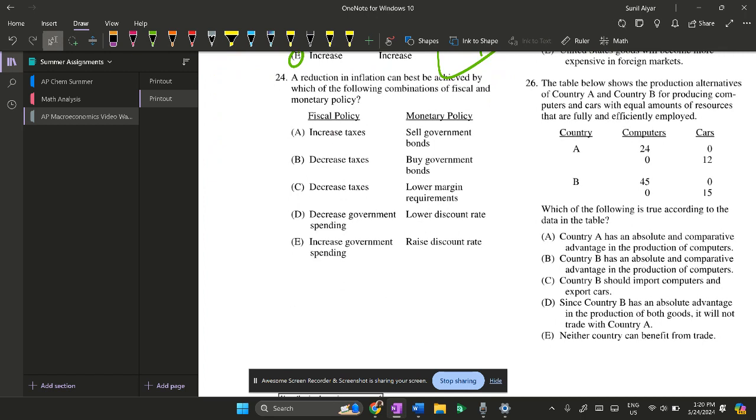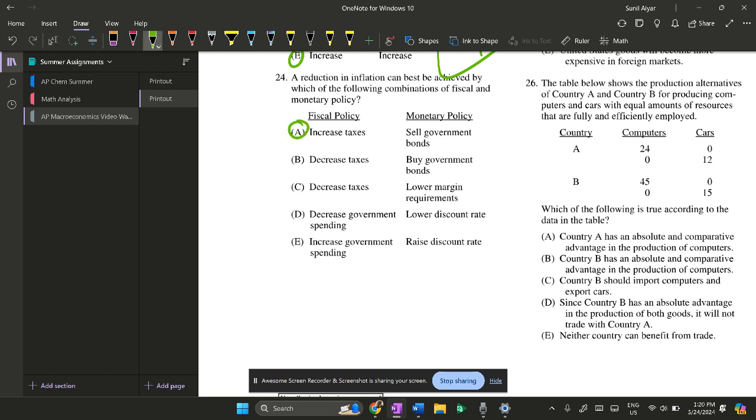A reduction in inflation can best be achieved by which of the following combinations of fiscal and monetary policy? I actually know these off the top of my head because I memorized it.